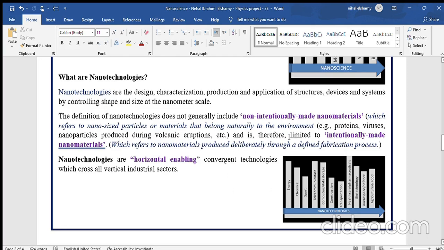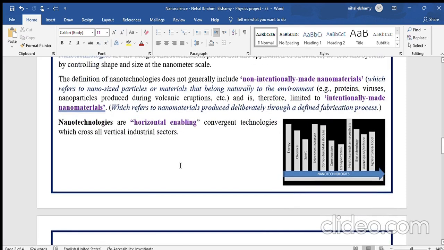It therefore is not limited to the intentionally made nanomaterials, which refers to the nanomaterials produced through a definite fabrication process. Nanotechnologies are horizontal enabling conversion technologies which cross all vertical industry sectors, as shown here in this photo.